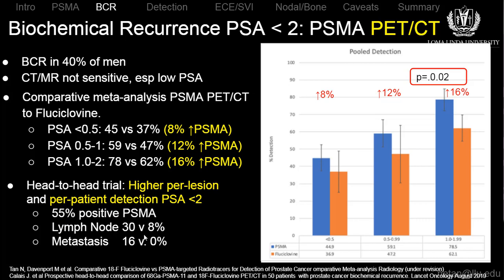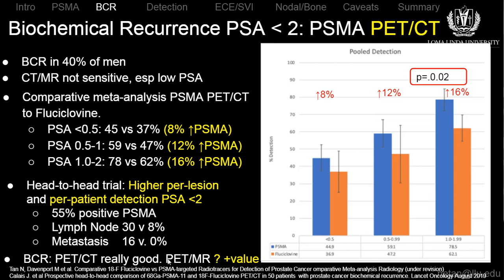Lymph nodes were present in 30% of PSMA compared to 8% with fluciclovine PET CT, and metastasis were seen in up to 16% in setting of biochemical recurrence compared to 0 in fluciclovine cohort in men with post-treatment PSA of less than 2.